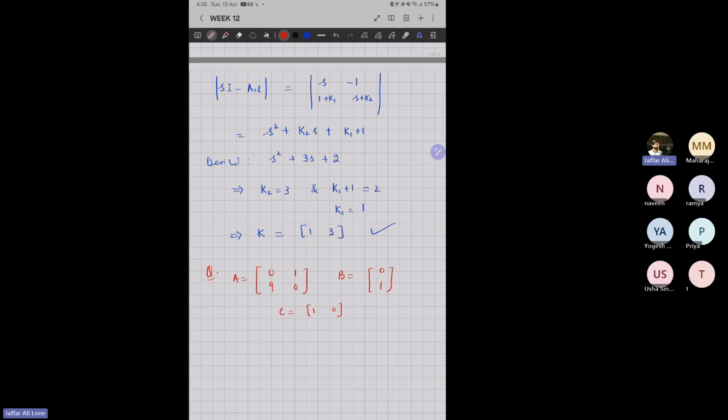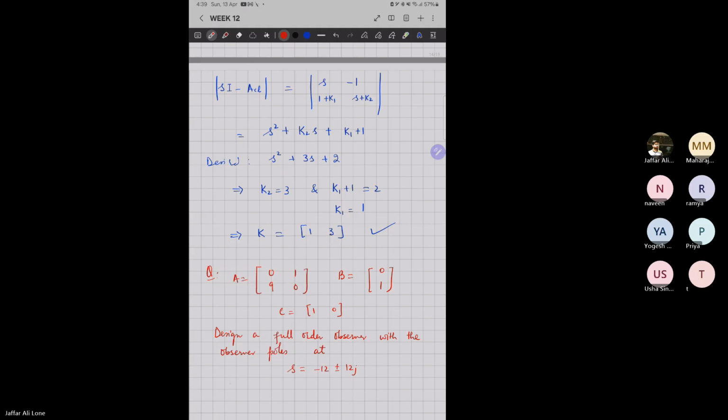So the question is, design a full order observer with the observer poles at S equal to -12 ± 12j.